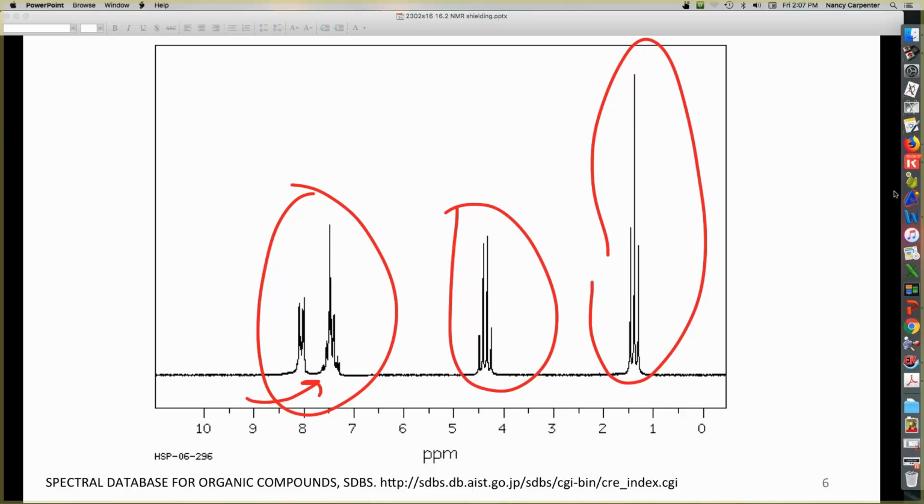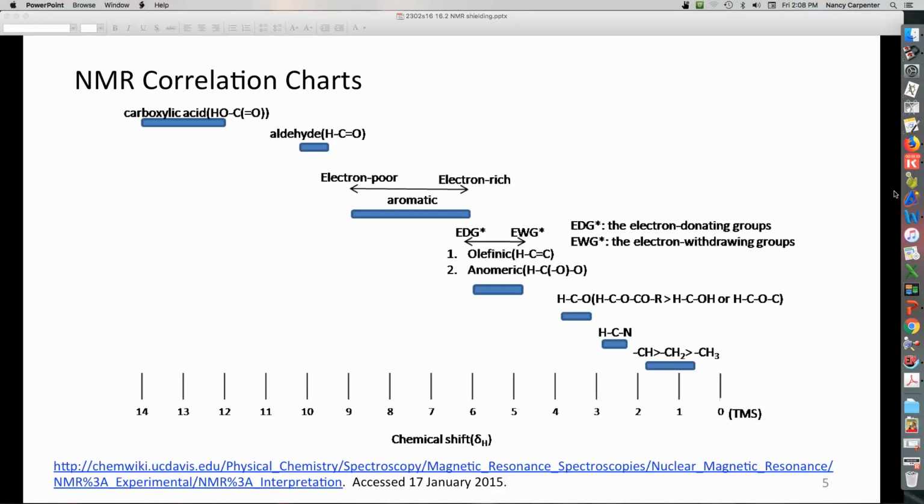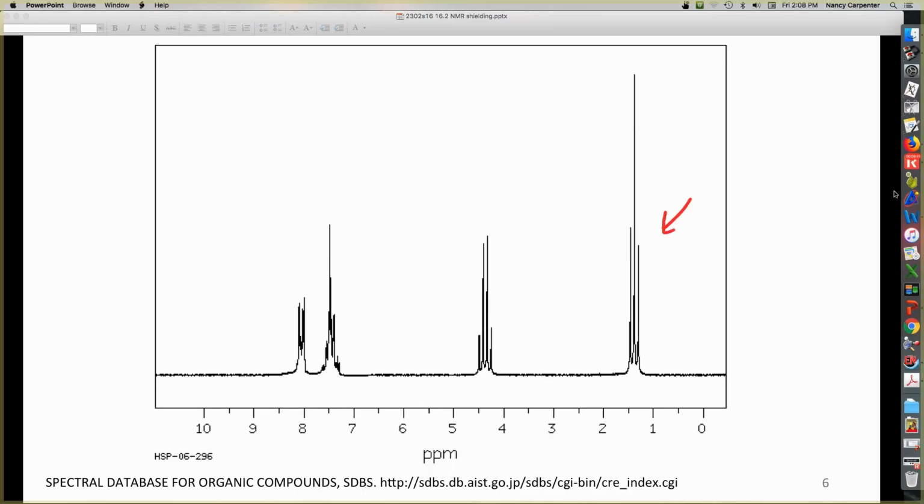Alright, so what do we have here? Well, we have something around 1. And if we have something around 1, that's really telling me that I probably have an alkane type structure. So I'm going to associate this right here with alkane, like CH2 or CH3 perhaps.